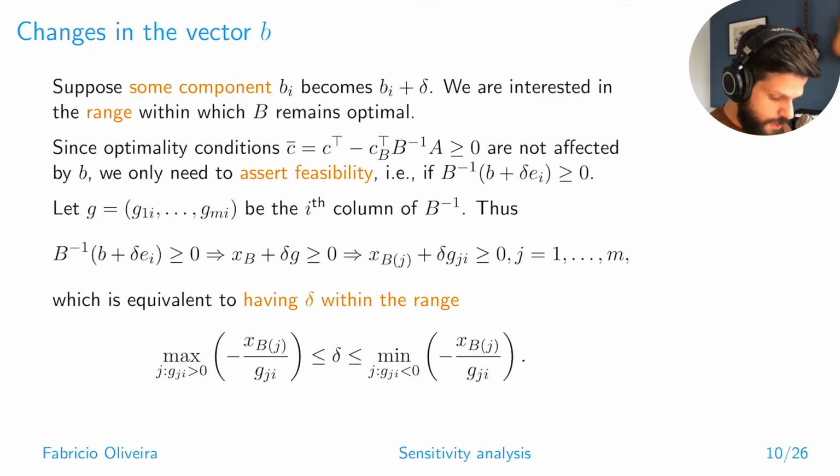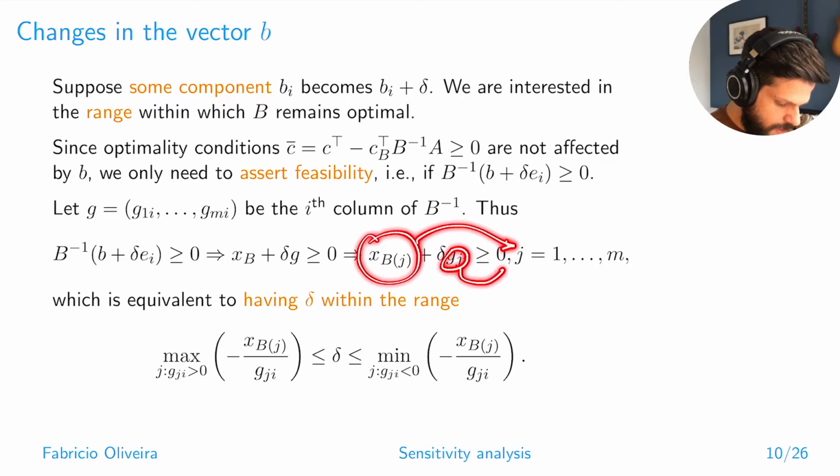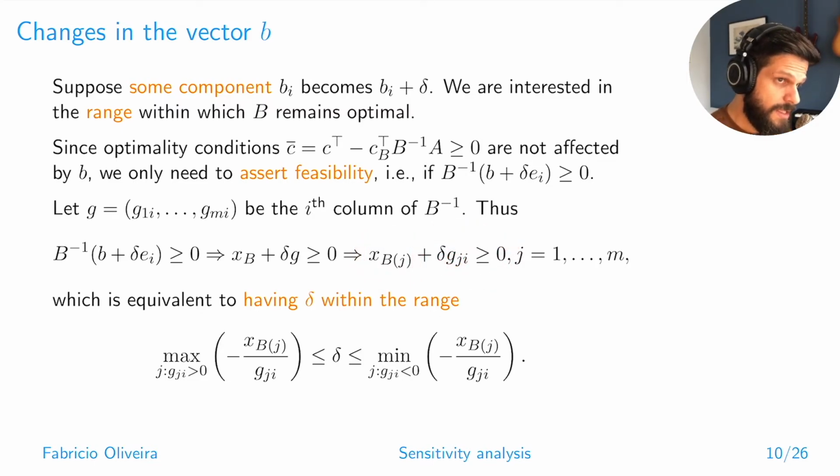And whenever g is positive, you have to make sure you're getting the maximum of them, because this goes to the other side. So basically you have minus xB divided by g. When g is positive, you're looking at the negative values, and for the negative values you pick the max, and when g is negative, you look at positive values and you get the min.